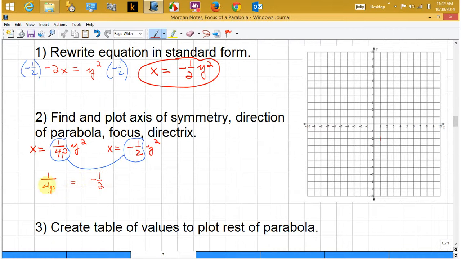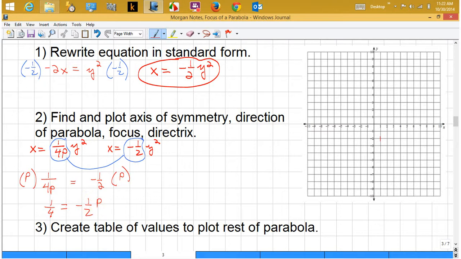Now, I need to get the p from the denominator to the numerator. So let's take this side times p, and then I have to take this side times p. Since p is a denominator on this side and p is a numerator, they'll go away, and what I'll have over here is 1/2 p. So what I have left is 1/4 is equal to negative 1/2 times p.